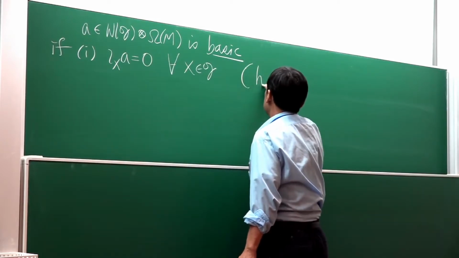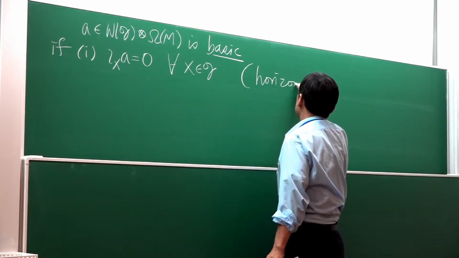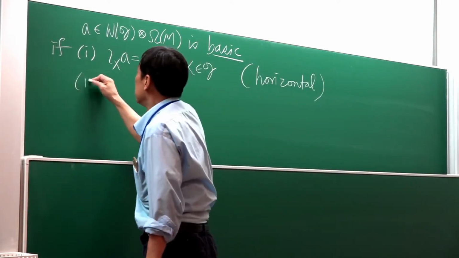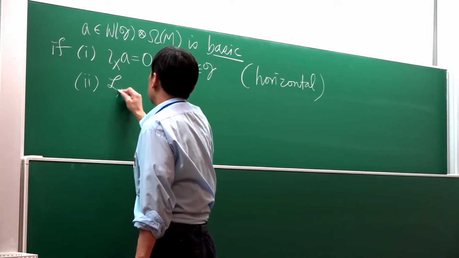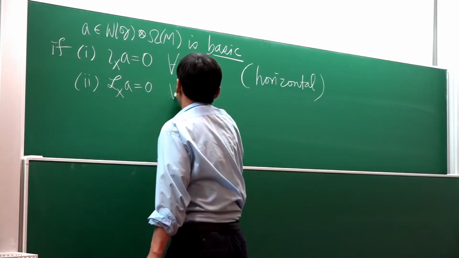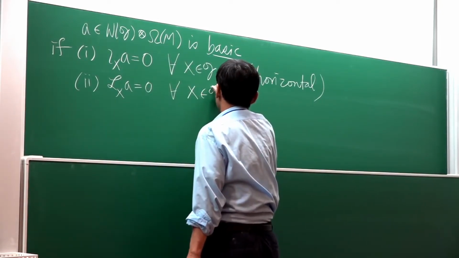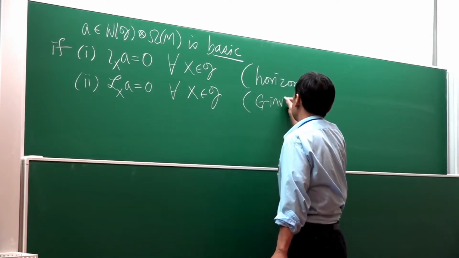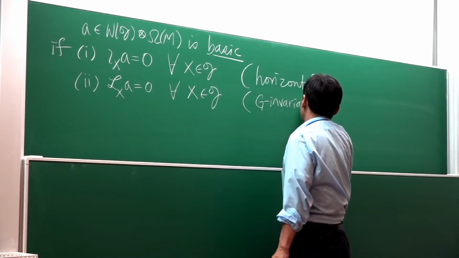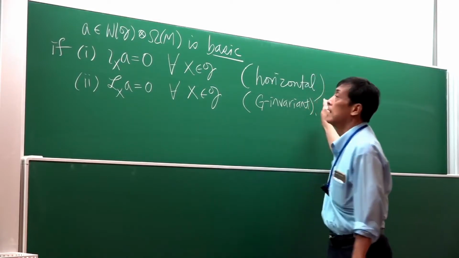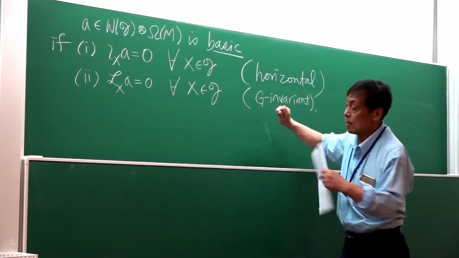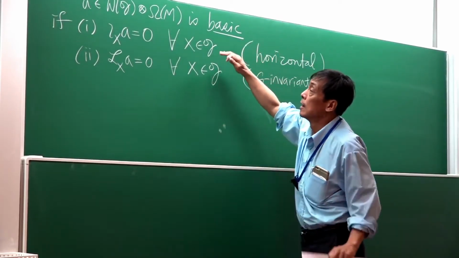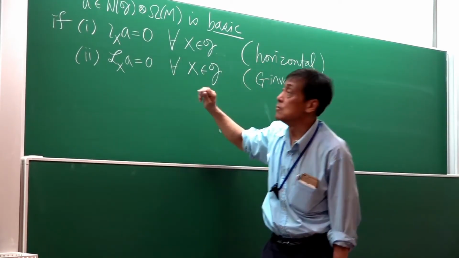Okay. This means it's horizontal. And then 2, L x A is 0 for all x in 𝔤. So this means it's G invariant. Okay. So basic means it's horizontal and G invariant.